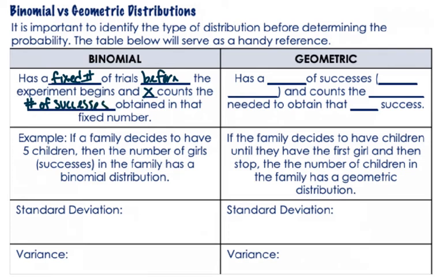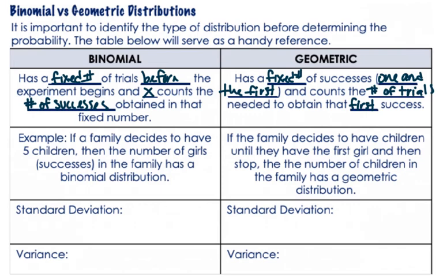Alright, geometric has a fixed number of successes, 1, the first, and it counts the number of trials needed to obtain that first success. So that's the difference between them.